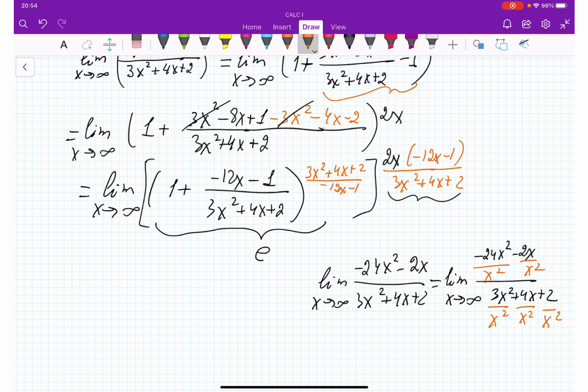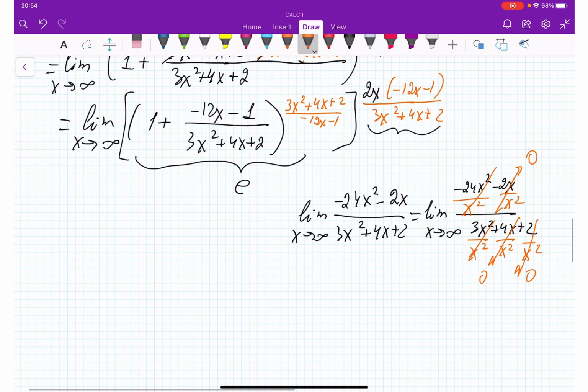What do we get? This is gone. This one is going to be 0, right? This is gone. We have 3. And this is going to be 0, and this is going to be 0, because a number divided by infinity is 0. What we have left is negative 24 and here is 3. So the answer is going to be negative 8, right?